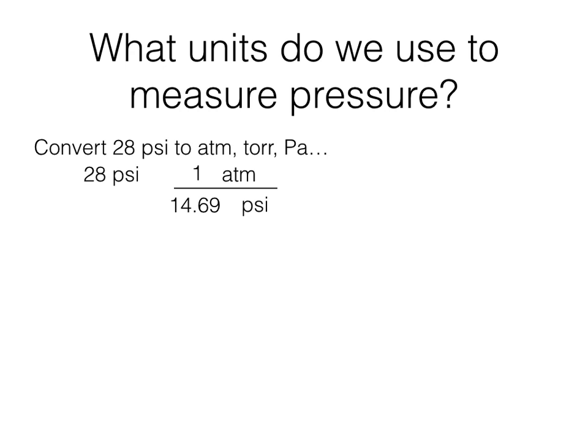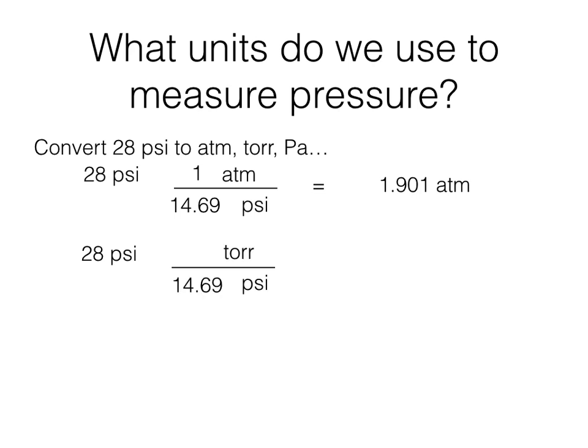The thing you are converting from is on the bottom, so the unit psi will cancel out. It works out to 28 psi divided by 14.69 psi per atmosphere, and that's just about 1.901, a little less than 2 atmospheres.